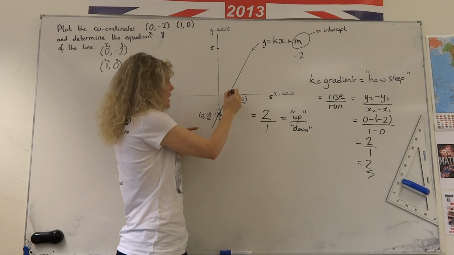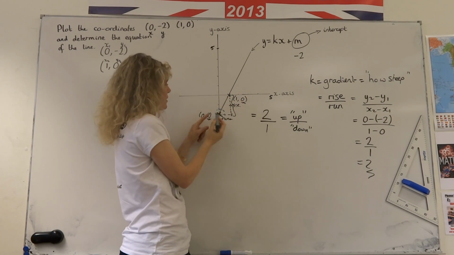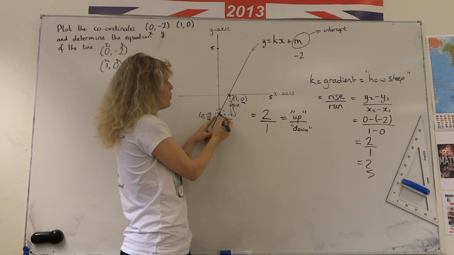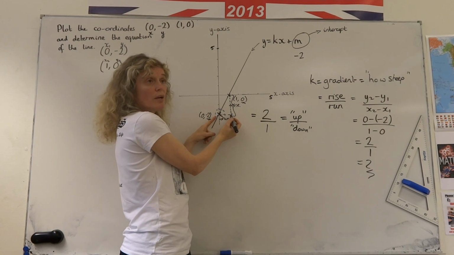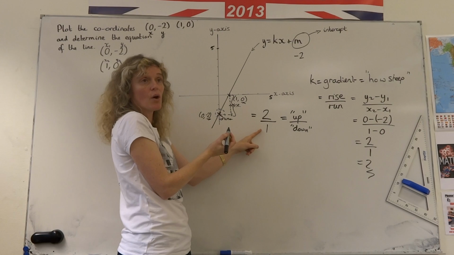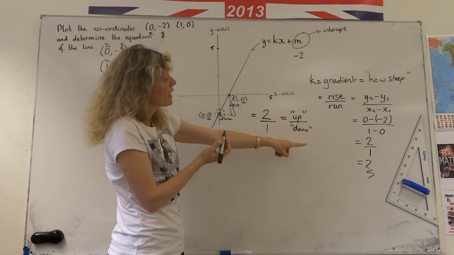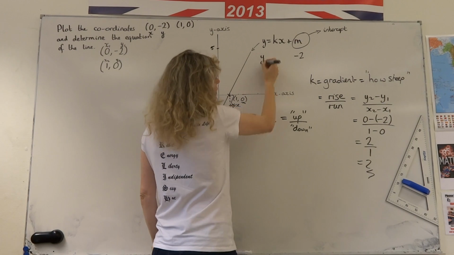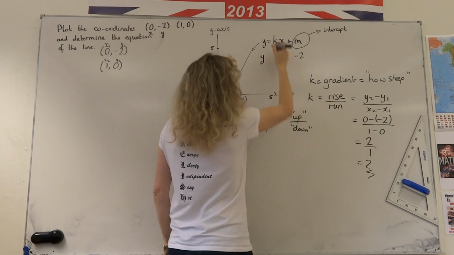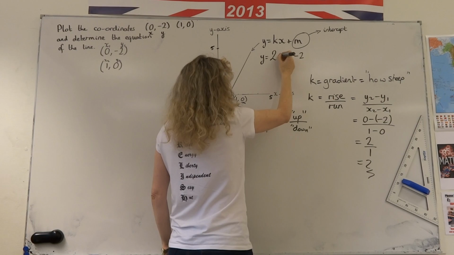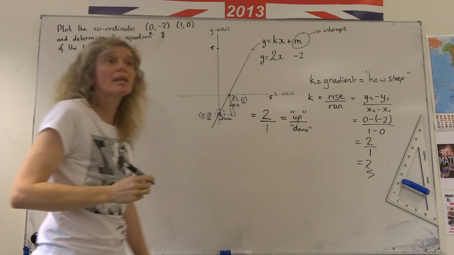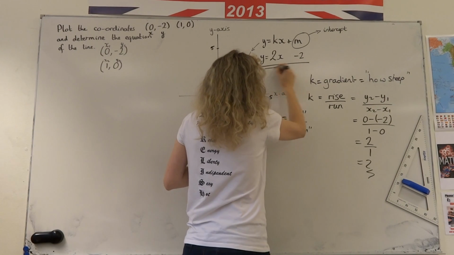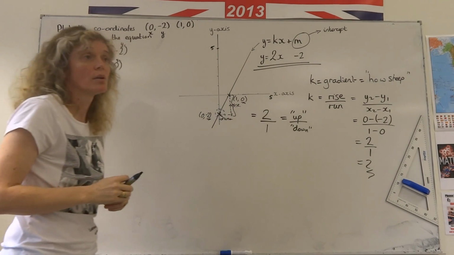I moved from -2 up to 0, 2 steps upwards. How many did I move along? I moved from 0 to 1, so only 1 place along. So this gives us a gradient of 2. Now I know that k equals 2. So the equation of this straight line is y equals 2x minus 2.